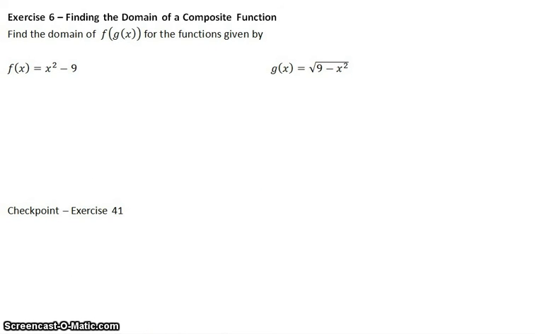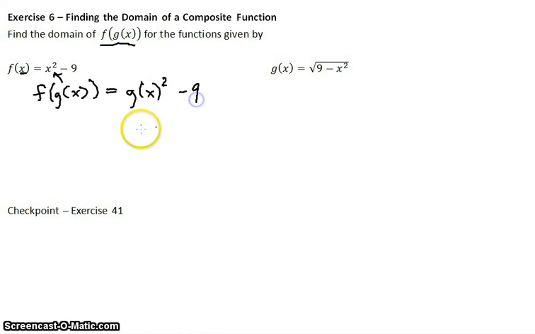So another thing we have to do is define specifically how you deal with the domain of a composite function. So it's asking us to deal with this operation. So I'm replacing x here with g of x. That's g of x squared minus 9, which is the square root of 9 minus x squared, minus 9, which is equal to 9 minus x squared minus 9.